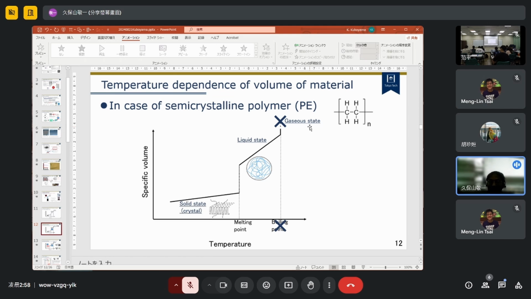So that is not the polymer. Normally the polymer doesn't have the gaseous state. Before becoming gaseous, the polymer decomposes and becomes smaller molecules.